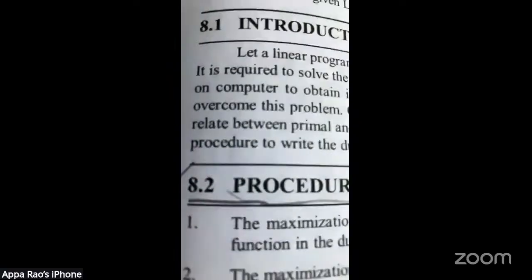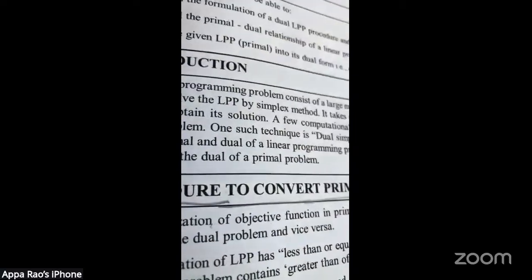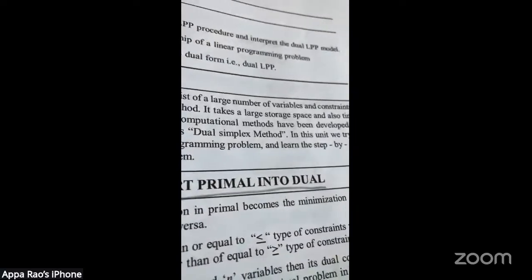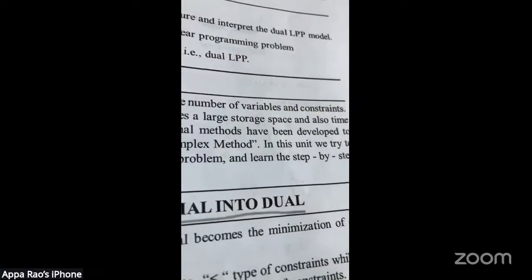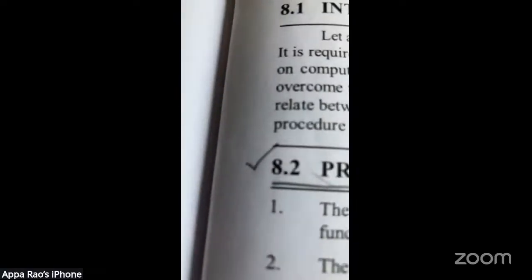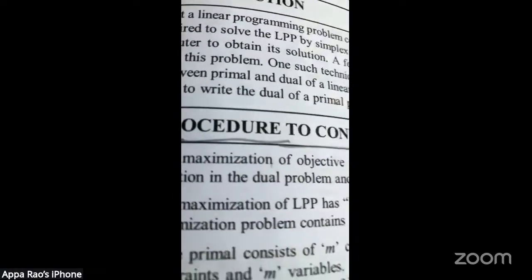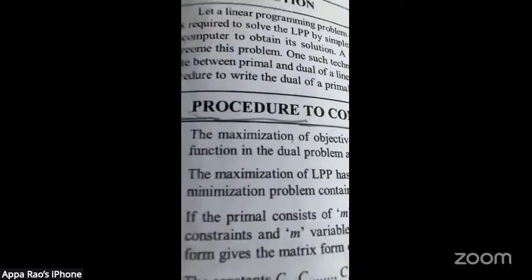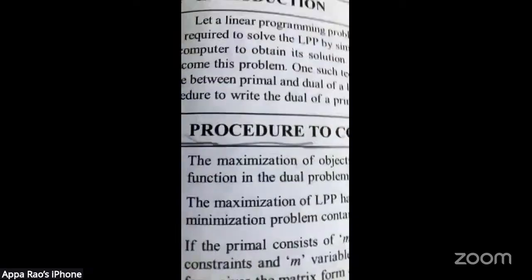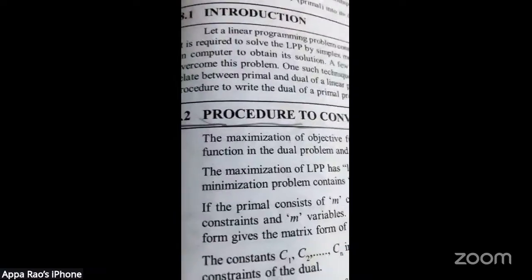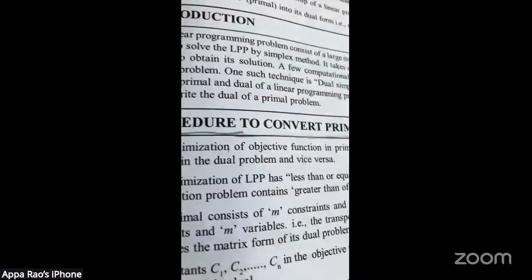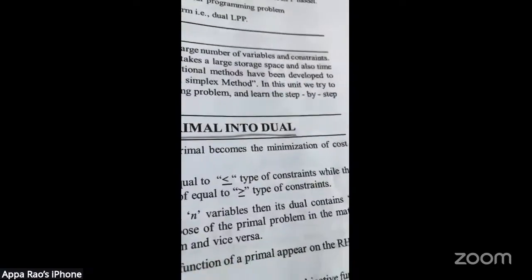In this unit, we try to relate the primal and dual of a linear programming problem, and learn the step-by-step procedure to write the dual of a primal problem. So first we'll discuss the procedure to convert primal into dual.